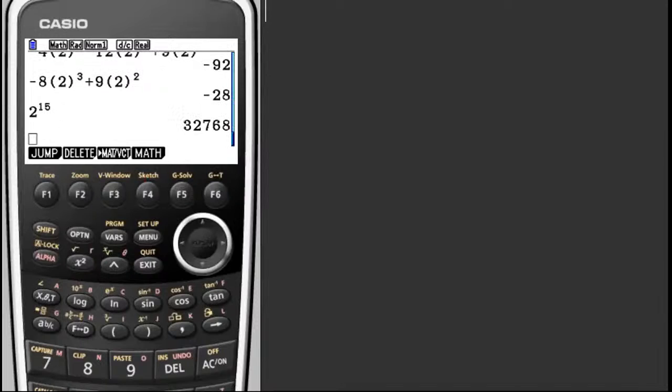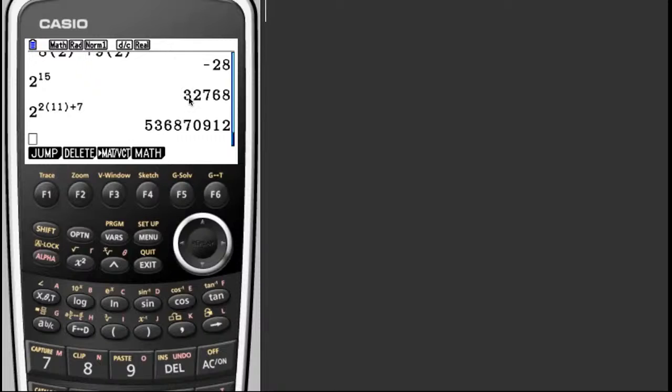Hit execute, and that's the number, 32,768. Now I'm going to plug in the other side. I have 2 raised to 2x plus 7, so that'll be 2 times x, which we were plugging in 11 for, plus 7. I hit execute. You see that is extremely too big. So then I know, oh, it's not 11.